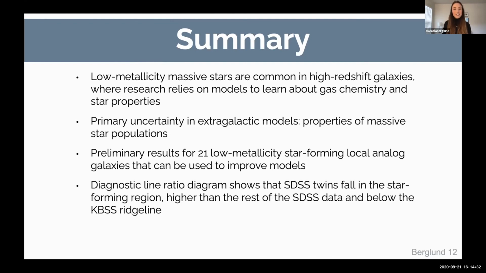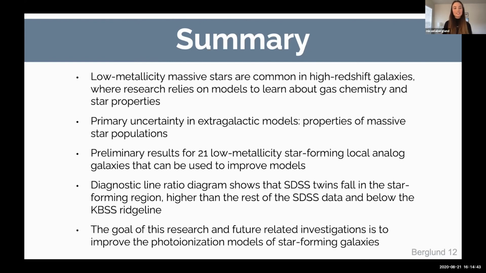We present a diagnostic line ratio diagram that shows that the SDSS twins fall in the star-forming region higher than the rest of the SDSS data and below the KBSS ridgeline. And the goal of this research and future related investigations is to improve photoionization models of star-forming galaxies. And that is what I did this summer. What questions can I answer for you?